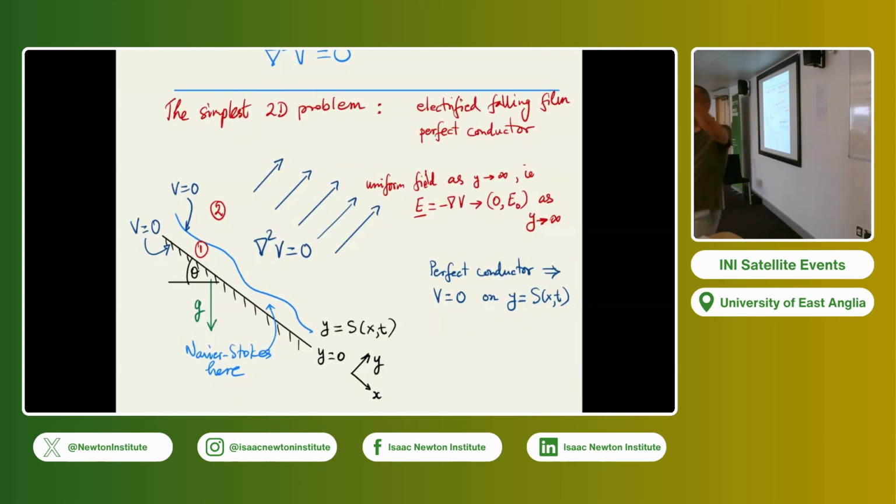I have gravity acting, so the fluid will be dragged by gravity. There will be a force in that direction, and that will cause flow. Then there's a shape, an interface that I need to determine. And then I'm going to impose an electric field as follows. I'm going to take this plate and ground it, so the voltage potential will be 0 there.